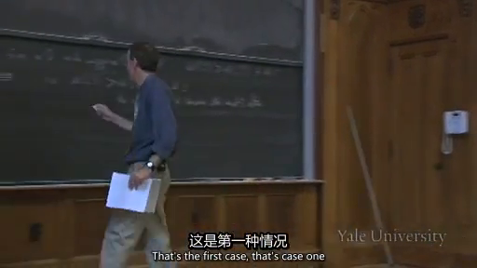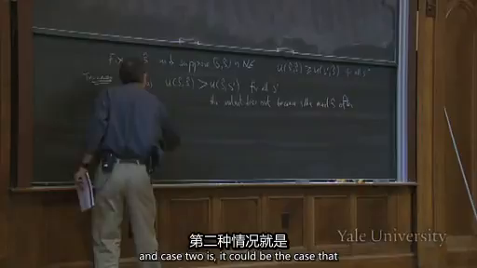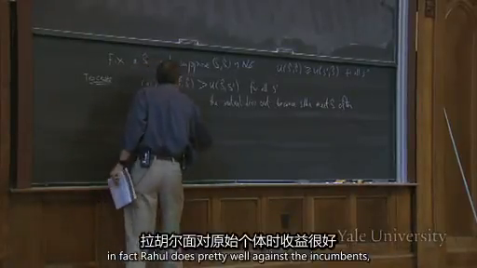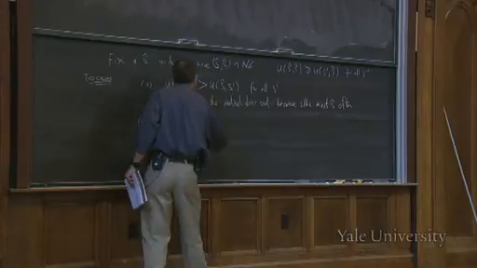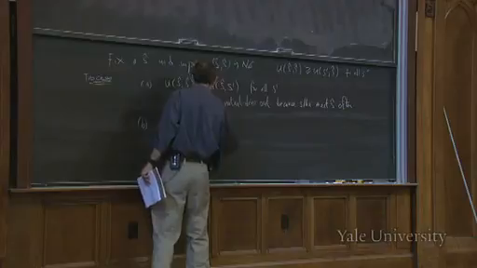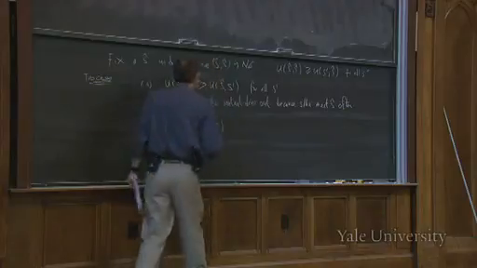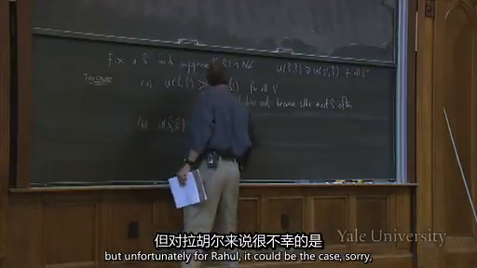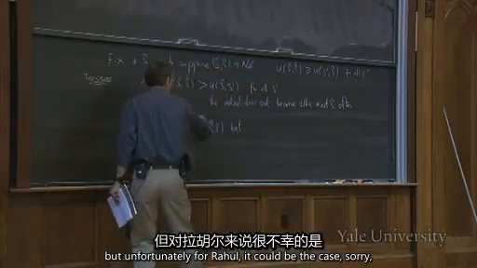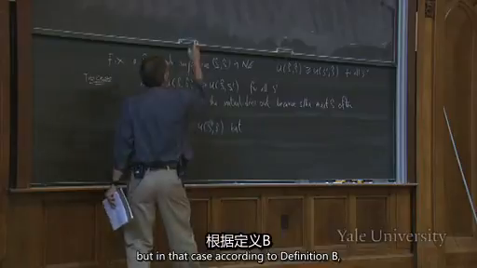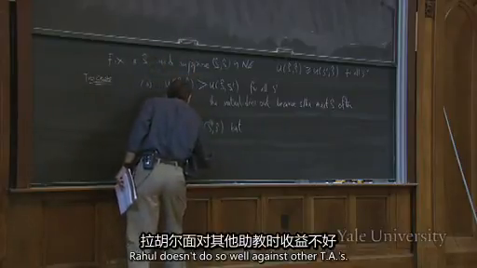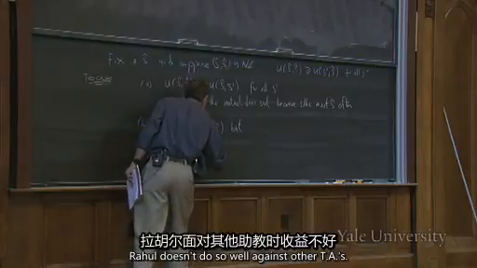That's case one. And case two is, it could be the case that, in fact, Rahul does pretty well against the incumbents. But unfortunately for Rahul, according to definition B, Rahul doesn't do so well against other TAs.